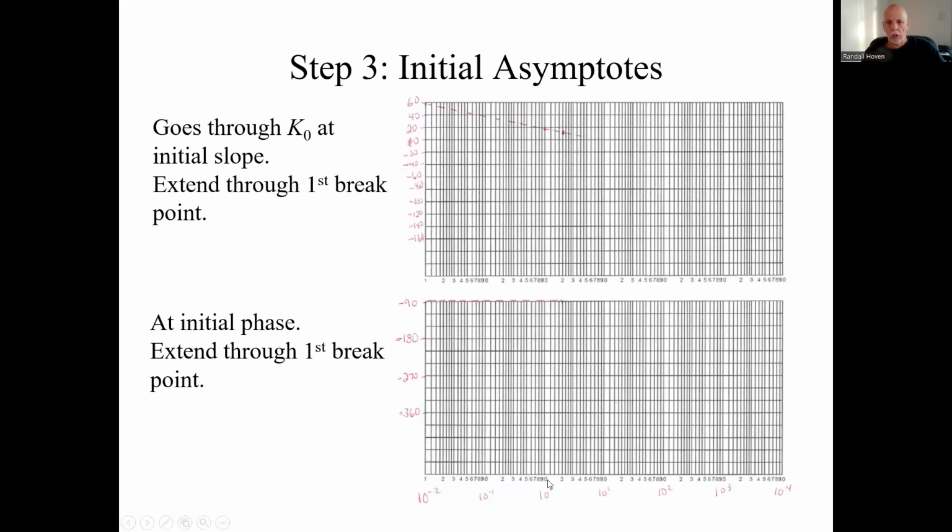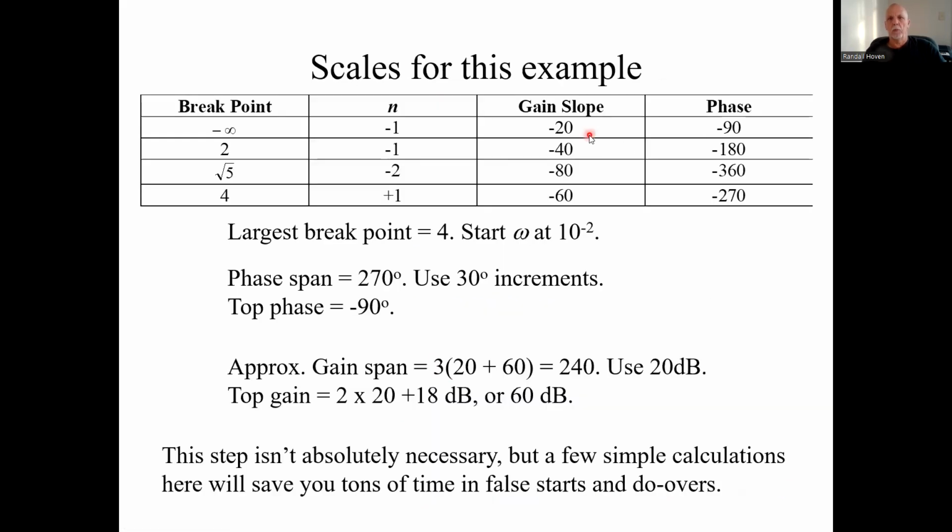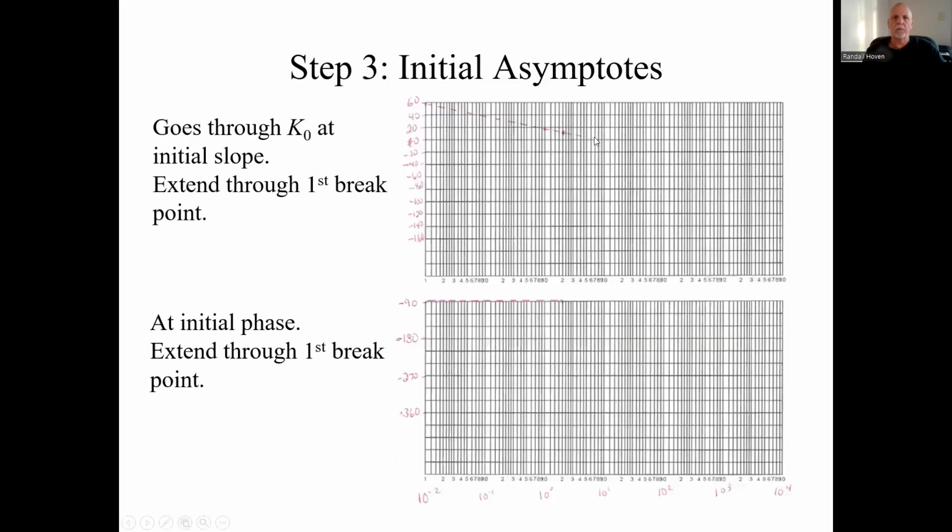So here is 10 to the 0. Go up. And here is that K0, which was 18 dB, right? I think we went through that. That was step 1, calculating K0. So put a little point there. And this line has a slope of -20 dB per decade. You get that from the Hoven table.